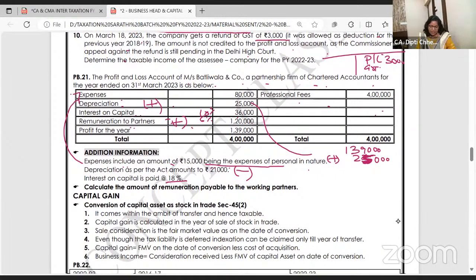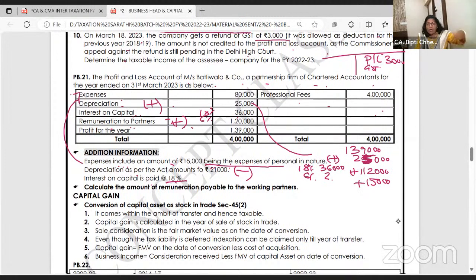The pen is also giving trouble. ठीक है? हाँ. अभी interest on capital, look at the screen, it's paid 18%. How much is it allowed? 18% is 36,000. So 12% interest you can pay. So 6% is how much? 36,000 into 6 divided by 18. 12,000 add back. Expenses include 15,000 personal expense, add back.